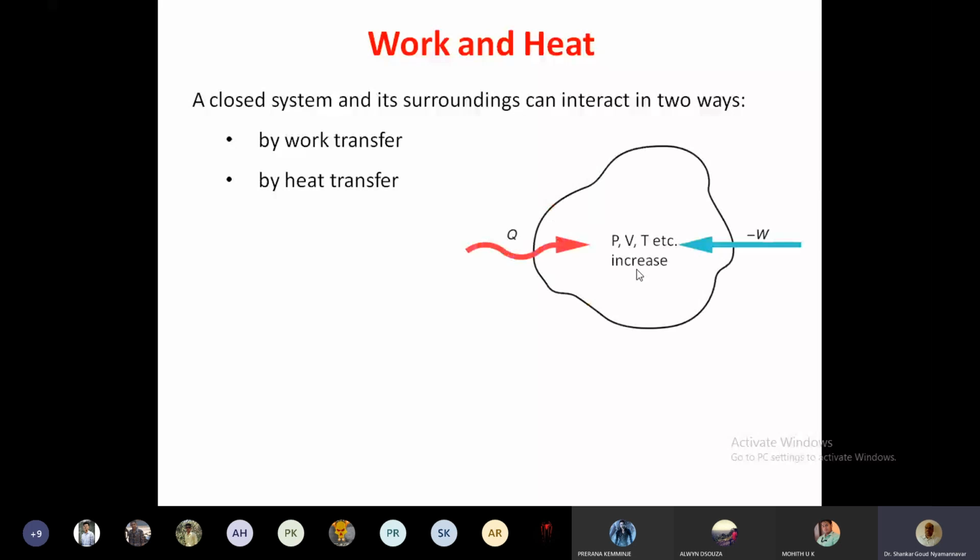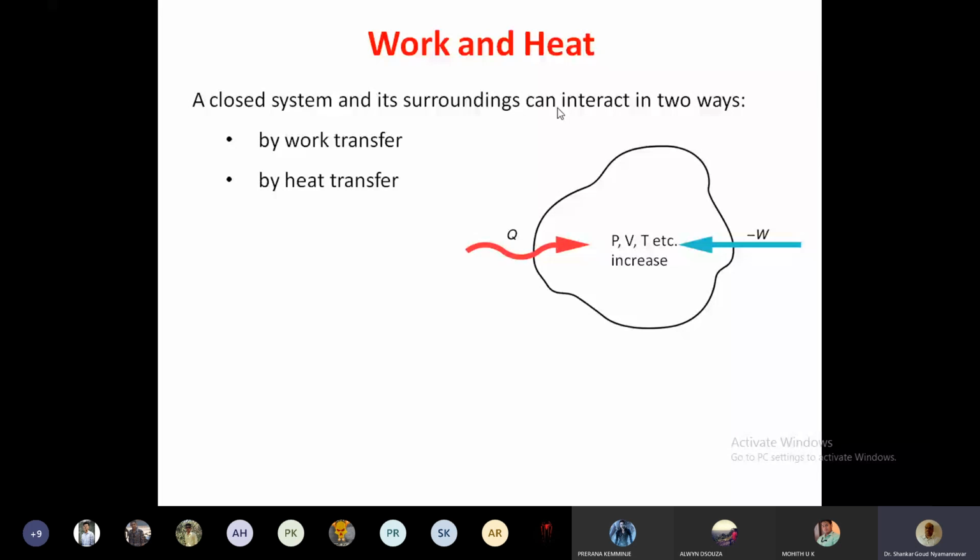So what happens if you add work to the system or remove work from the system, or you add heat to the system or remove heat from the system? It causes changes. If you add heat to the system, the pressure, volume, temperature will increase. The values of properties of the system will increase.